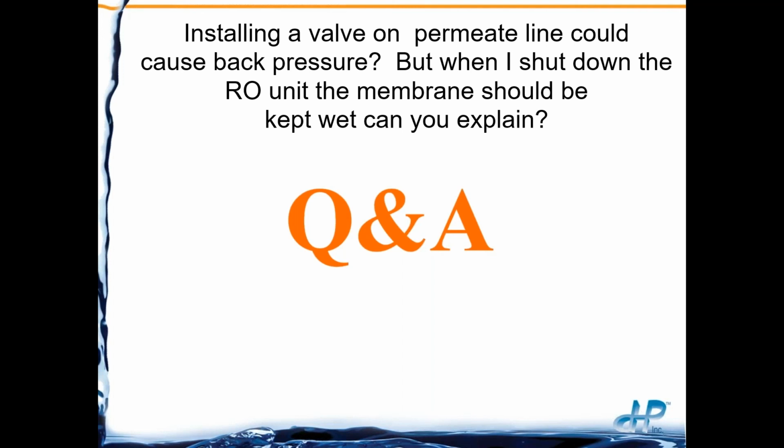Keep in mind also, there are going to be check valves on your permeate side, keeping back pressure from going back, or from keeping the osmosis from completely draining your permeate side. But that being said, we don't recommend putting ball valves or shut-off valves on the permeate side, because eventually you are going to have an issue with permeate back pressure.